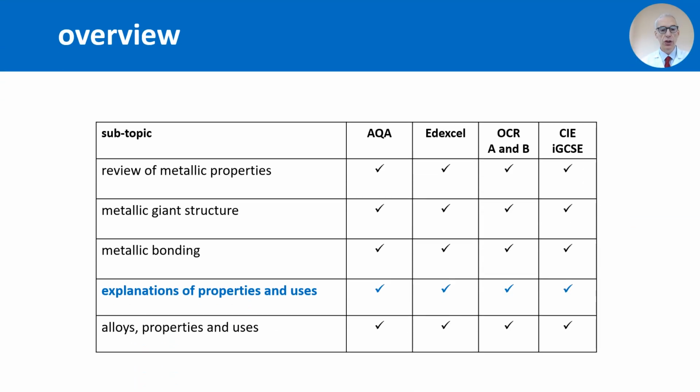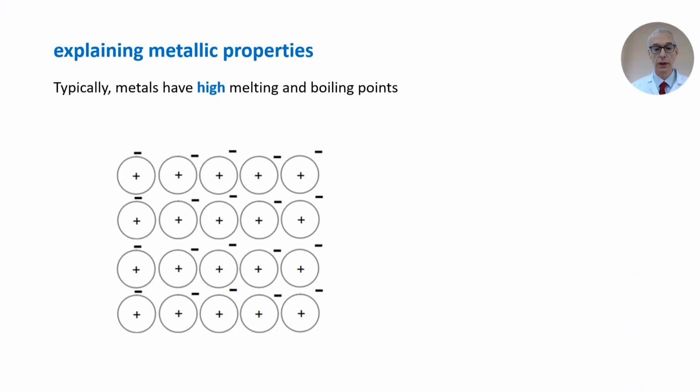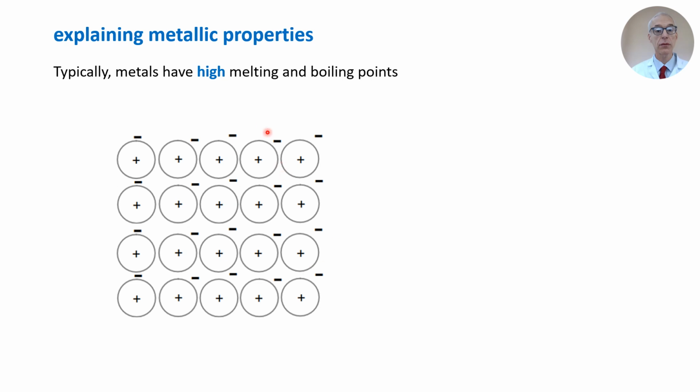We now need to explain the properties of metals that we reviewed earlier on in terms of the theories of structure and bonding, and also consider some of the uses of metals. So, typically, metals have high melting and boiling points.